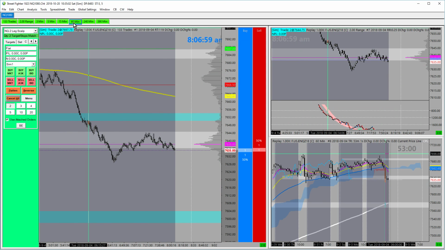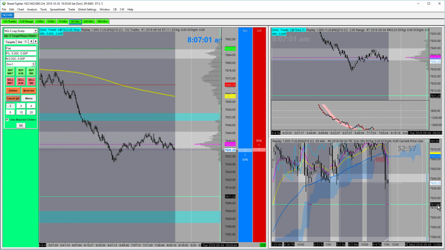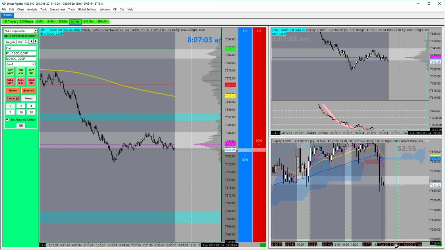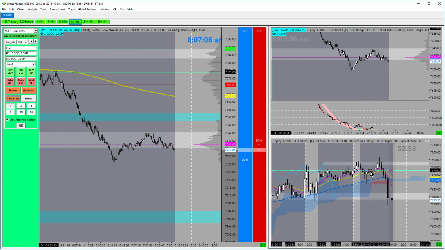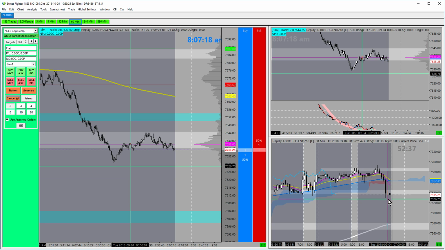That in conjunction with the 60 minute is awesome for context. So the entry to this short would have been way up here, maybe on the break of this 21 EMA, and you get this nice continuance, right?